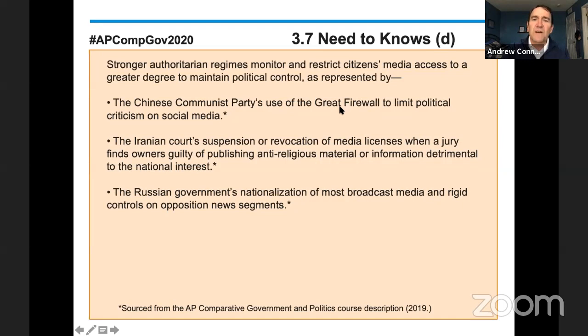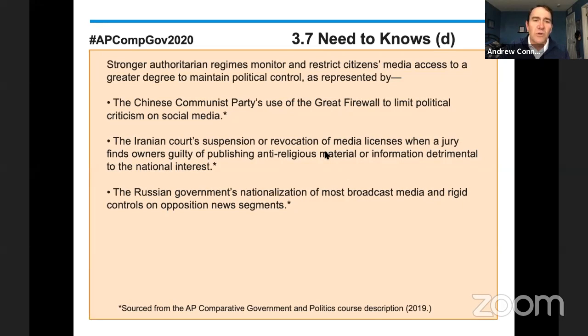So this is where we see a reference to the Great Firewall in China and the Chinese Communist Party's use of the Great Firewall to monitor and limit political criticism on social media and to censor any information, including searches of the use of violence to suppress the speech in 1989's Tiananmen Square student movement. You can't get that information inside China on the internet because of the Great Firewall.